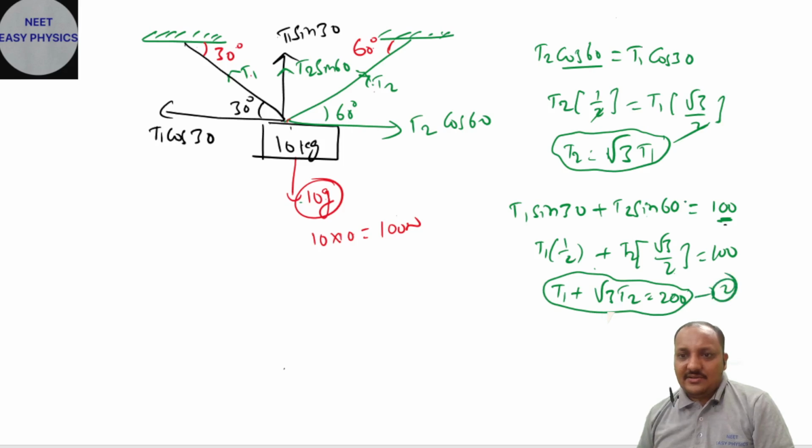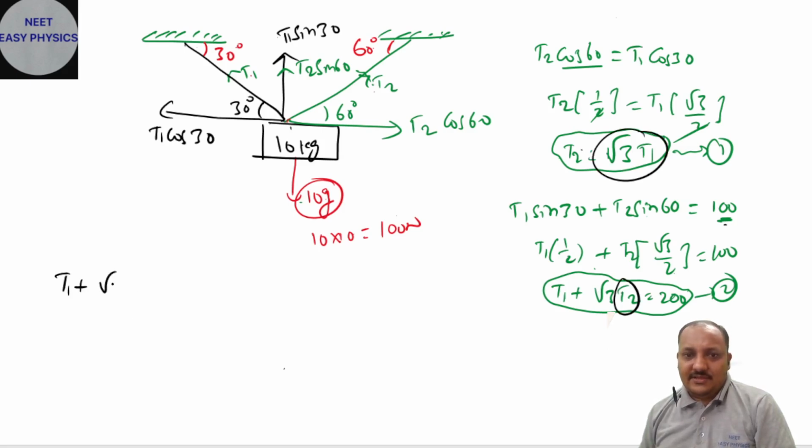This is equation 2, and this is equation 1. From these two, we are going to get the answers. In place of T2, what can we write? From this, we can write T2 as root 3 T1 here. So T1 plus root 3 times root 3 T1 is equal to 200.